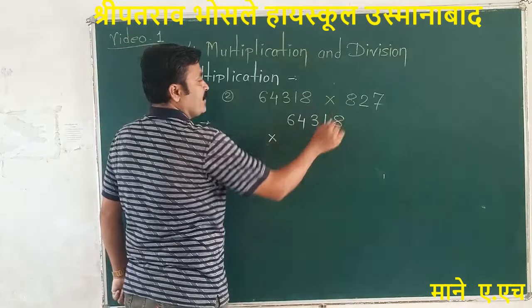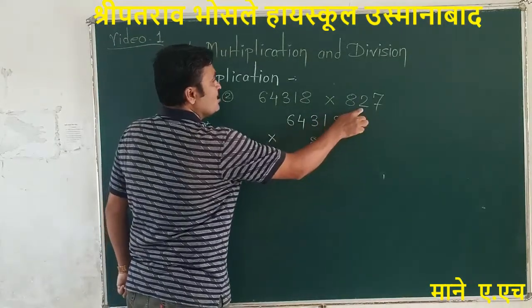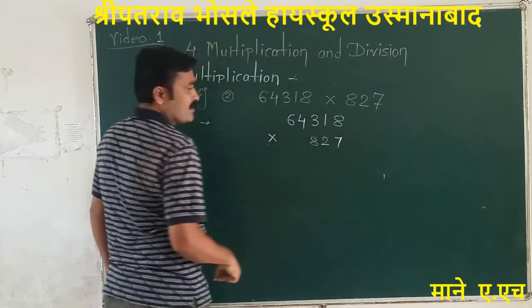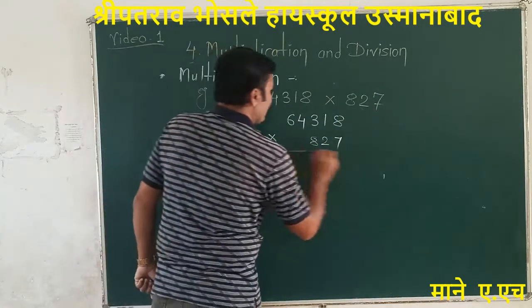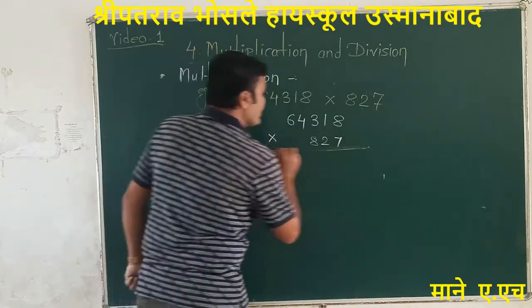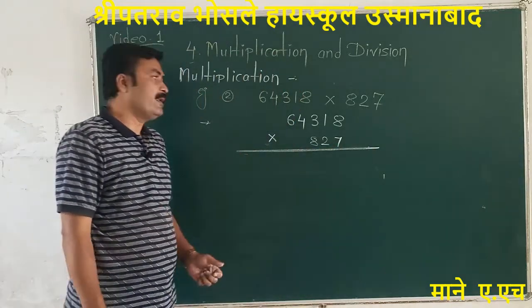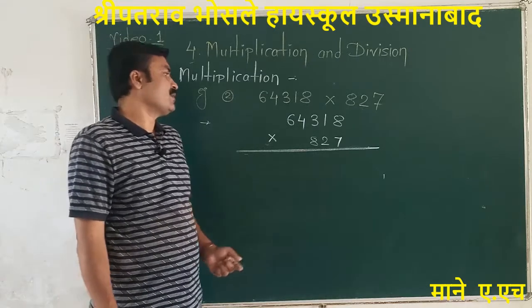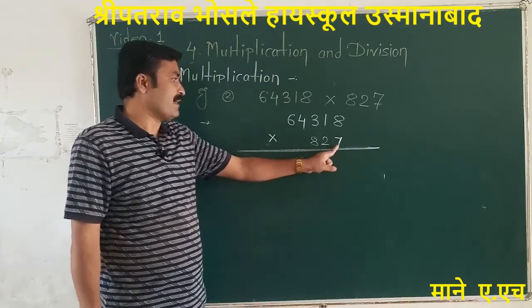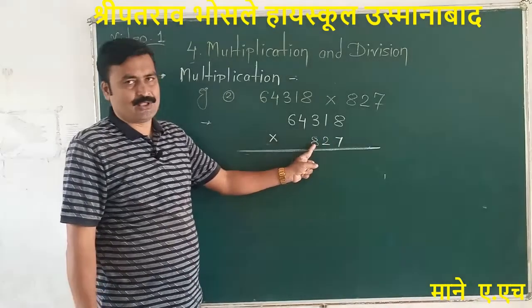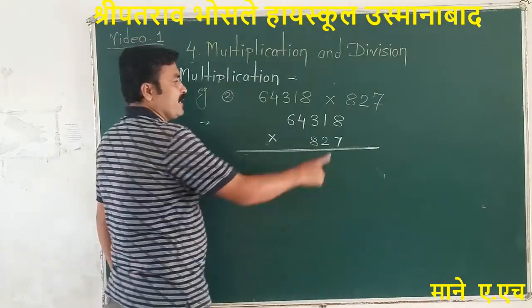So 8 below hundreds, 2 below tens, and 7 below ones. After making this vertical arrangement, we draw a horizontal line. Now we want to start multiplication first by 7, after that 2, and at last by 8. So start here by 7.